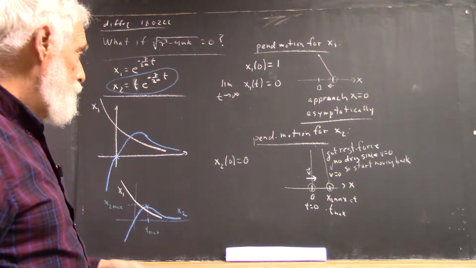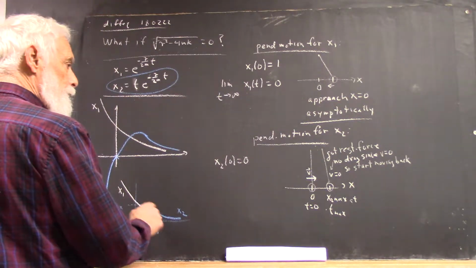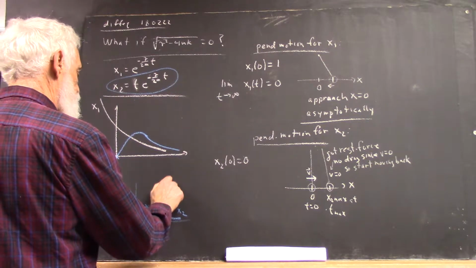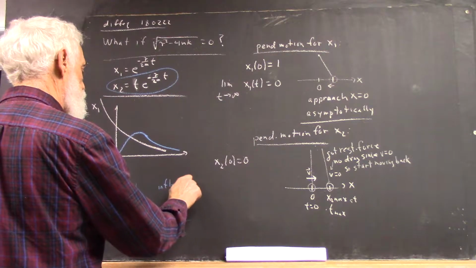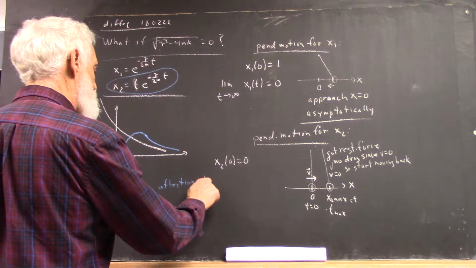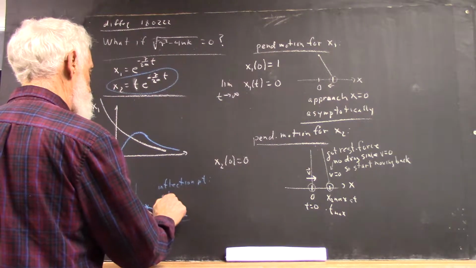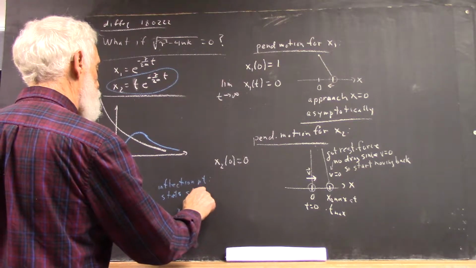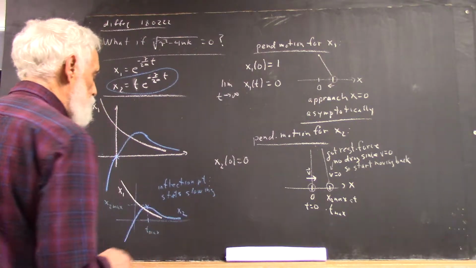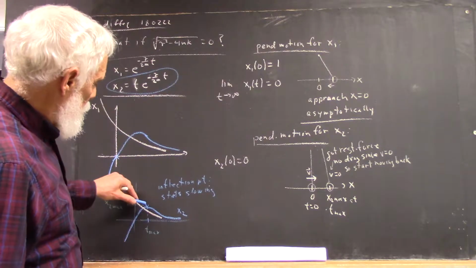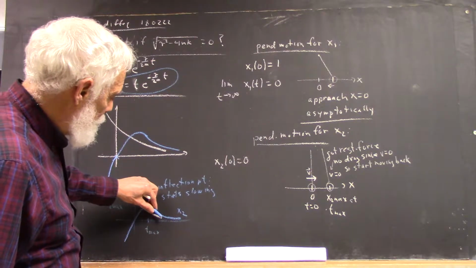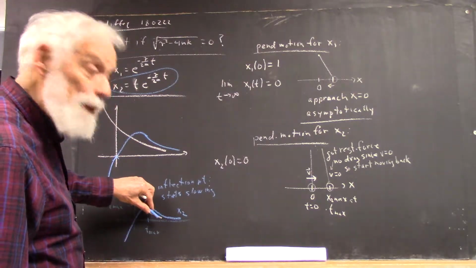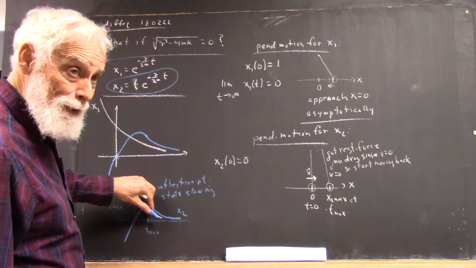So the one thing I've got here that wasn't there is your inflection point. That's where you start slowing, because that's where your slope stops getting bigger in the negative direction.